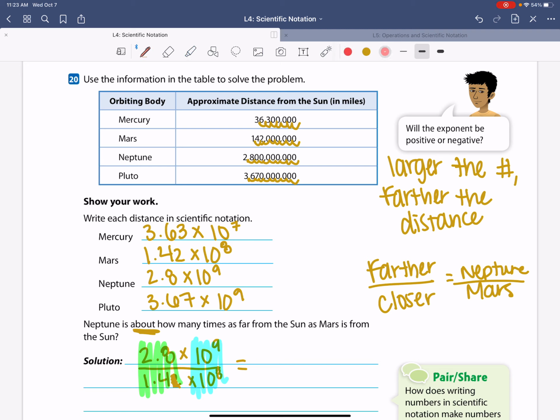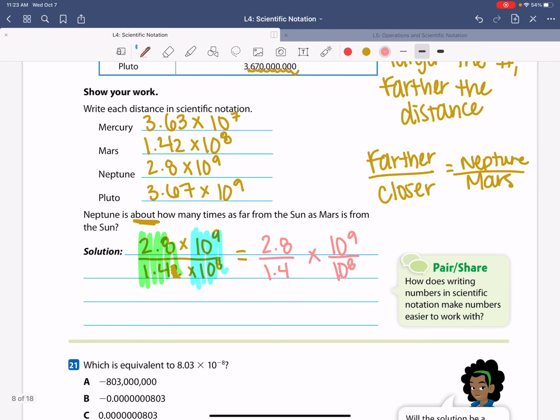So we've got 2.8 over 1.4 times 10 to the 9th over 10 to the 8th. And we just simplify. 2.8 divided by 1.4 is 2. And then 10 to the 9th divided by 10 to the 8th is just 10. So about how many times as far is 10 to the first. So it's about 2 times 10, which is about 20 times as far. And that's our answer here.